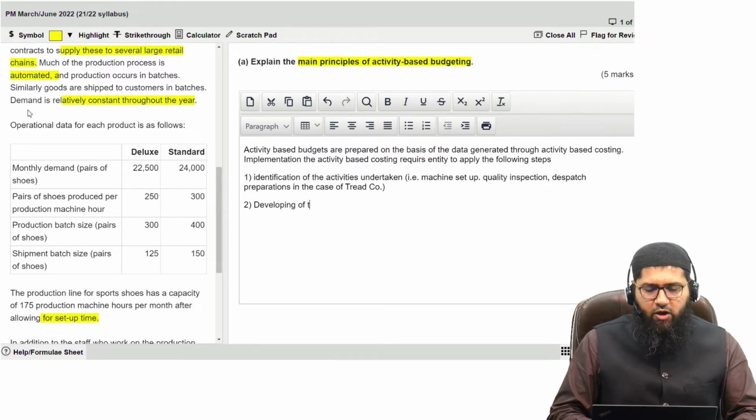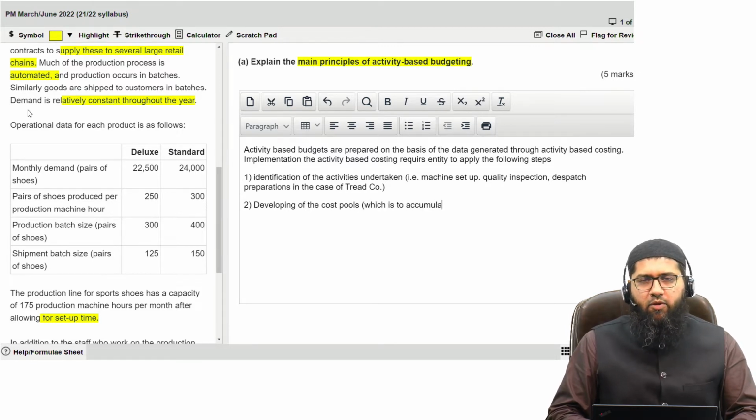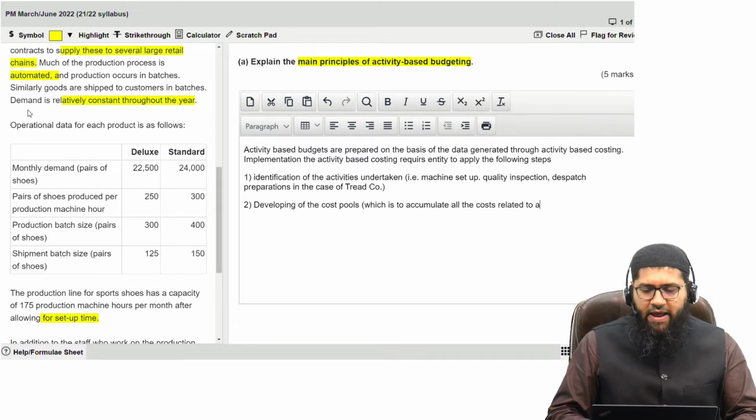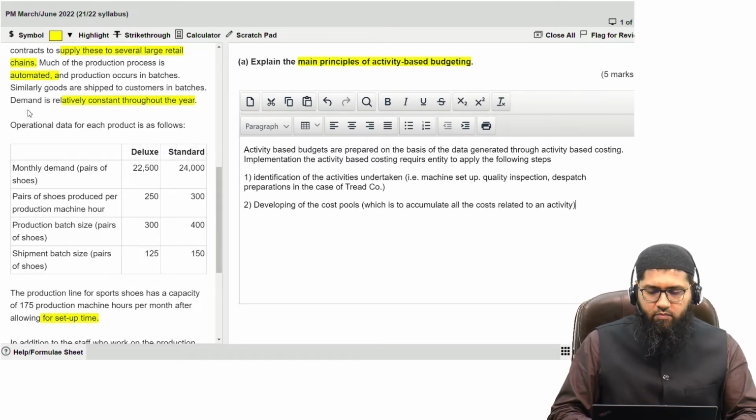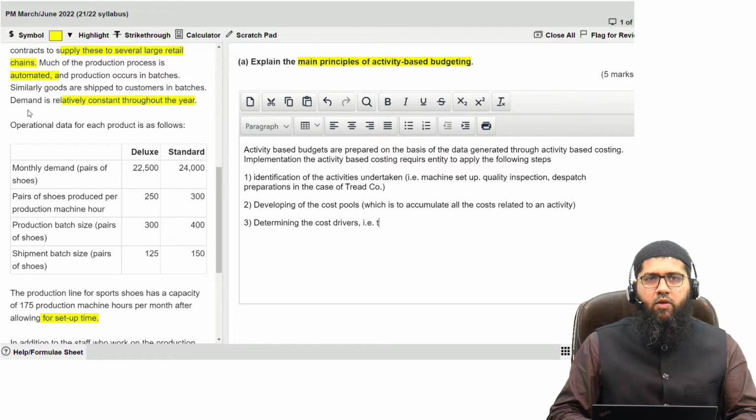Second, developing the cost pools, which is to accumulate all the costs related to an activity. The third one is determining the cost drivers, that is, the actions that drive the cost.